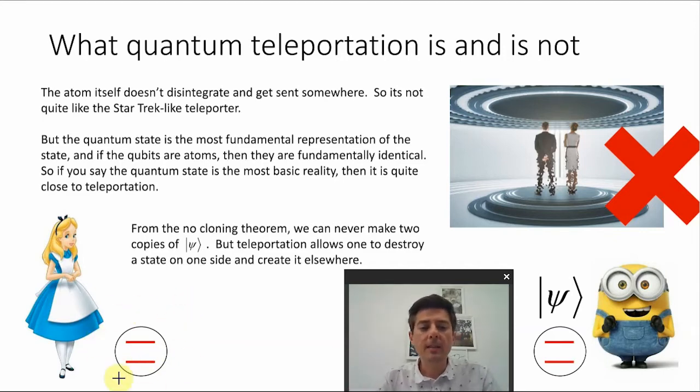So it's not like this atom somehow disintegrates here on Alice's side and materializes here on Bob's side. It's really just the quantum state that gets transported, right? The quantum state was initially here, but finally the quantum state is at the other end. So you might say, well, that sounds maybe not quite like teleportation.